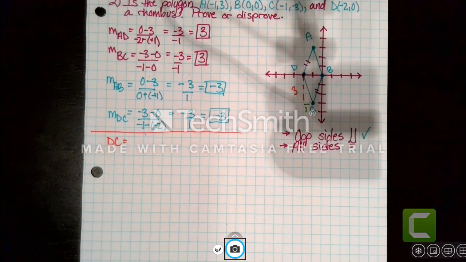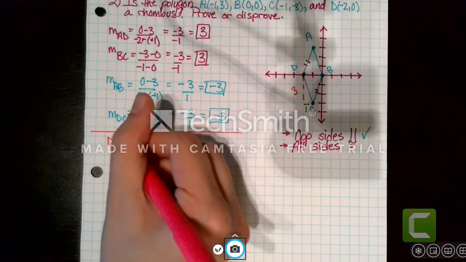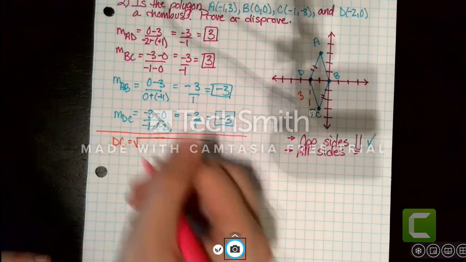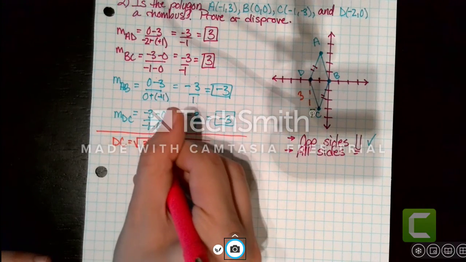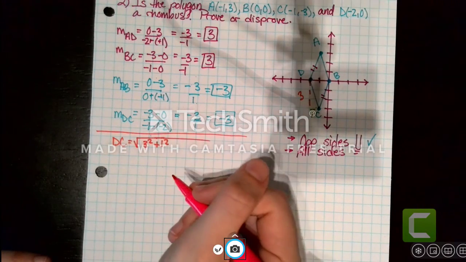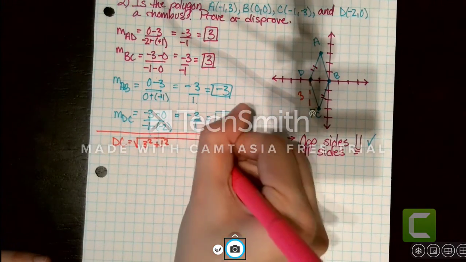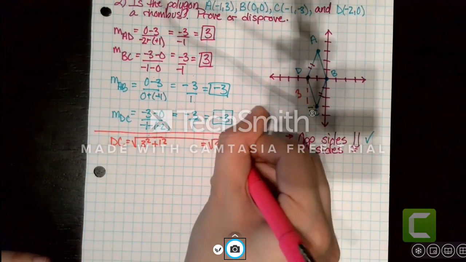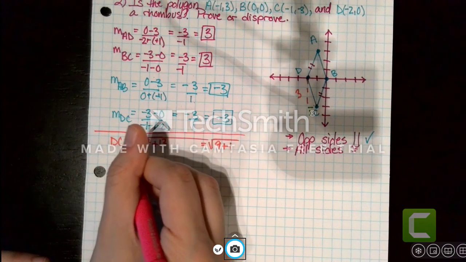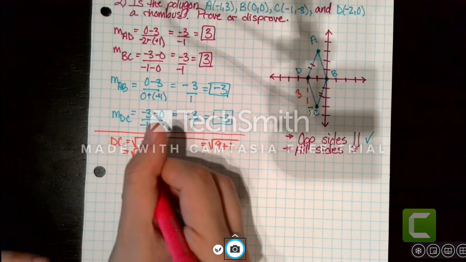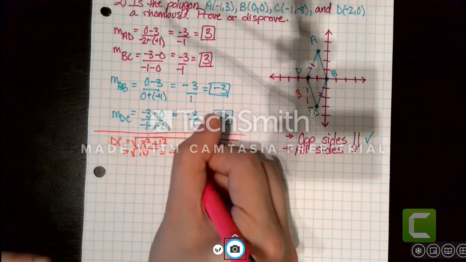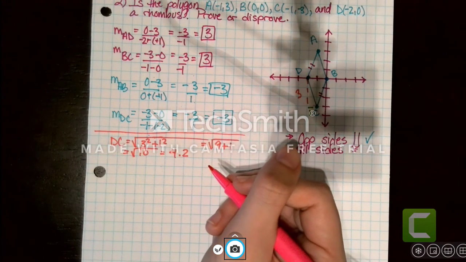So if I plug that into my formula, DC is equal to the square root of 3 squared plus 1 squared, or the square root of 9 plus 1. Adding those together and taking the square root, we should get a value of about 4.2.